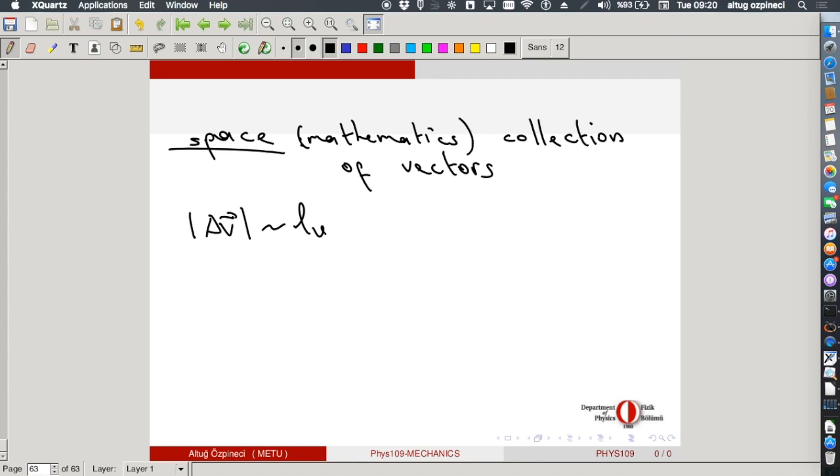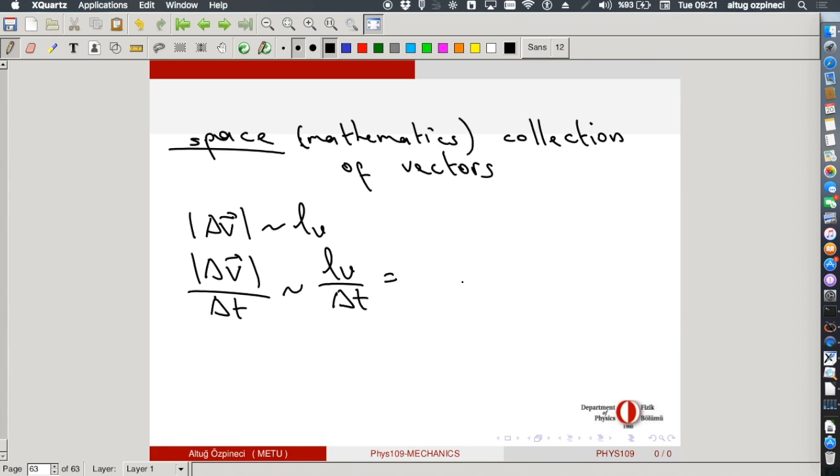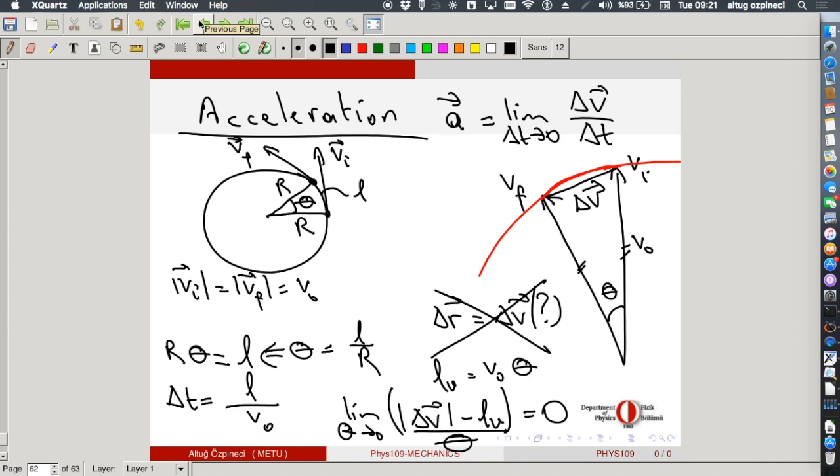Now the magnitude of delta V by delta t will be approximately LV divided by delta t. Now we had calculated delta t. Delta t is L over V0. Now we had obtained LV is V0 times theta. We had obtained L is R times theta.